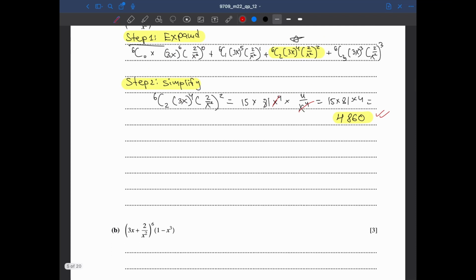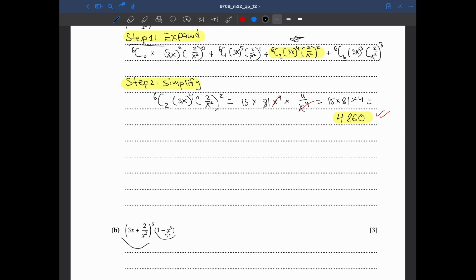Basically, we're taking this whole expansion and multiplying by 1 minus x cubed. Since we see a 1 there, we know that we can use our initial value, which is 4,860, because that's just going to be multiplied by 1. And now we have x to the power 3.